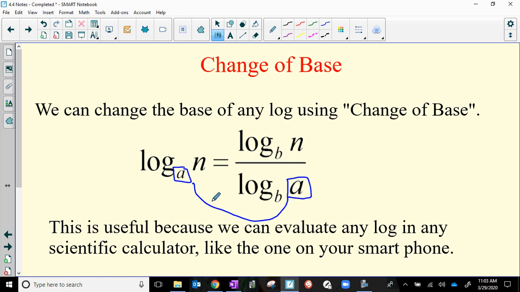Okay, so the base goes to the bottom. The n goes in the numerator, and you turn it into two logarithms being divided. This is called the change of base formula.